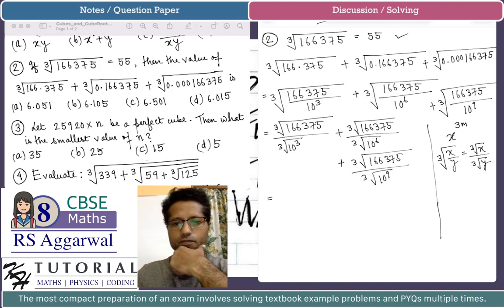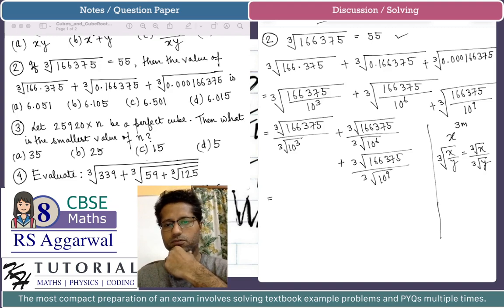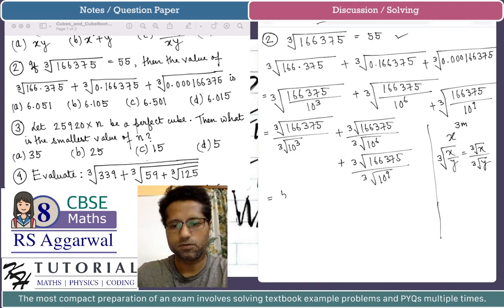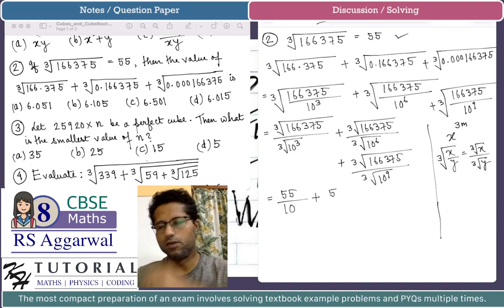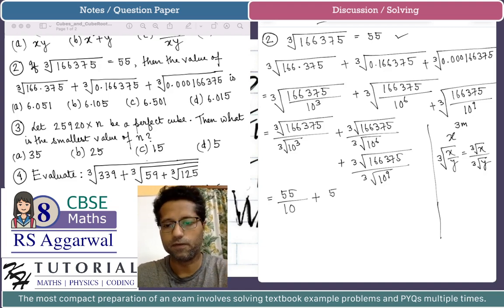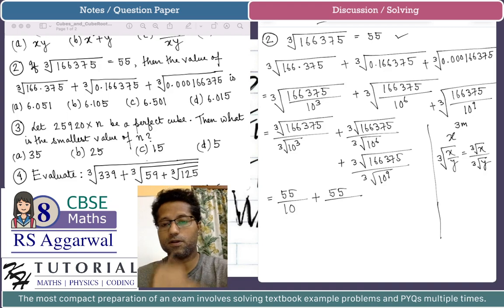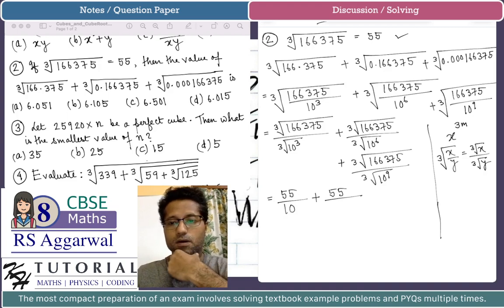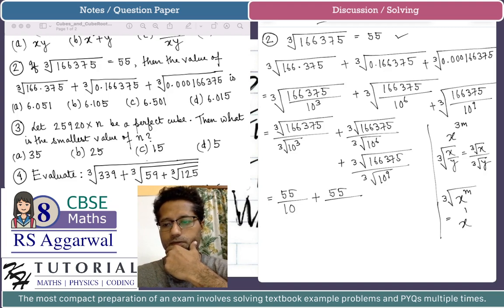Now this becomes the first term. The cube root of 166,375 is given to be 55. So this is 55, and the cube root of 10 cube is 10. All the numerators of the three terms will be 55, and the denominator of the second term will be the cube root of 10 to the power 6. We know that the cube root of x to the power m, where m is some integer, is equal to x to the power m by 3.